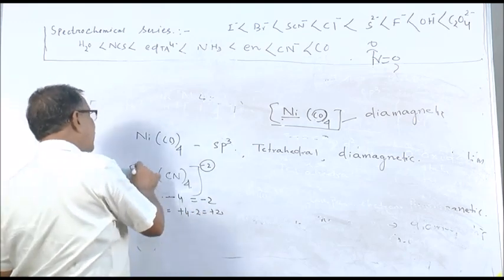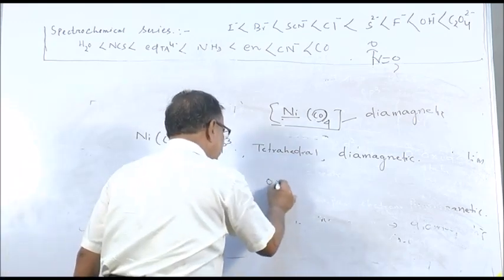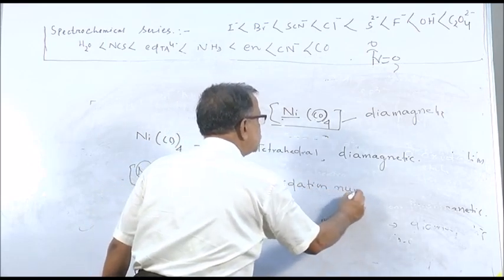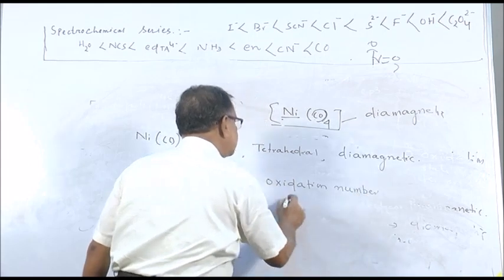So the oxidation number of nickel is +2 here.